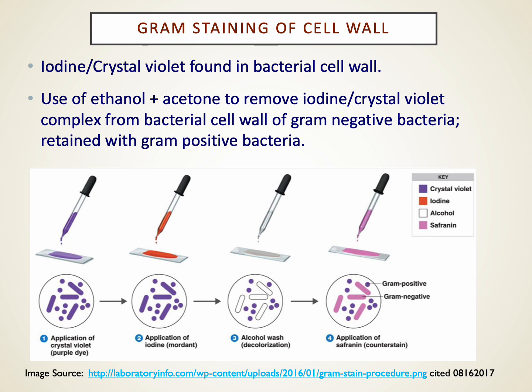You're familiar with gram staining, I trust, from your microbiology coursework. Basically what happens here is that we use a dye and then a wash process to determine whether or not the bacterial cell wall picks up a stain.